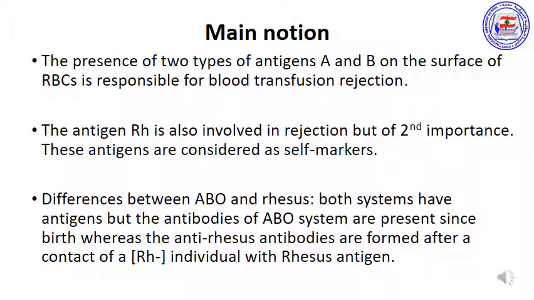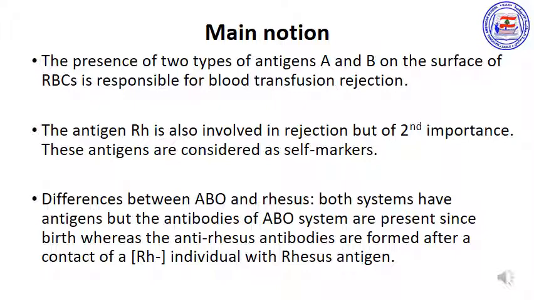To sum up, the presence of two types of antigens A and B on the surface of red blood cells is responsible for blood transfusion rejection. The antigen rhesus is also involved in rejection, but of second importance. These antigens are considered as self-markers.